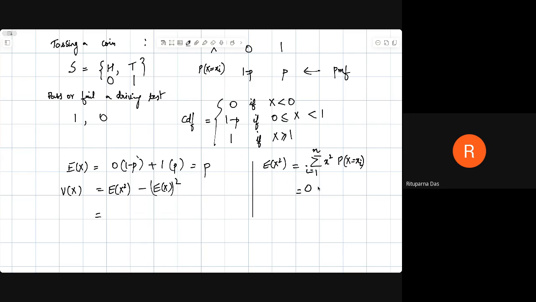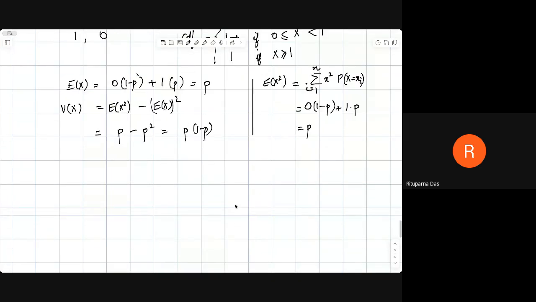So 0 into 1 minus p plus 1 into p. So E of x square is again p. E of x is p, so E of x whole square is p square. So p minus p square. So variance is p into 1 minus p. So this is for the Bernoulli random variable.